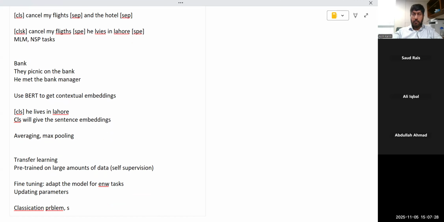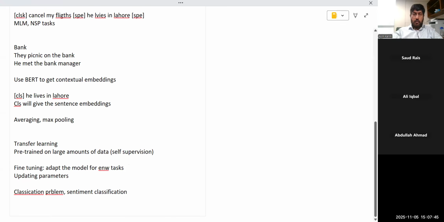Okay? So let's take the example of, let's say, a classification problem. Let's say specific example sentiment classification कर लेते हैं. ठीक है? You already have a pre-trained model, a BERT model. How can you use it to do sentiment classification? So simply आपके पास नया ट्रेनिंग डेटा होना चाहिए. ठीक है? Meaning that you should have sentences or documents and their labels. So documents and labels data होगा आपके पास. ठीक है?